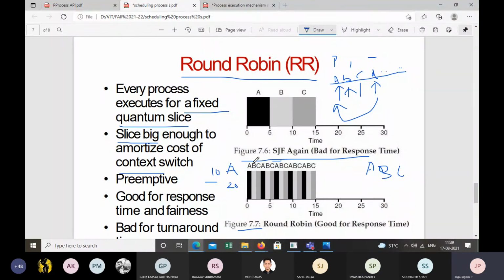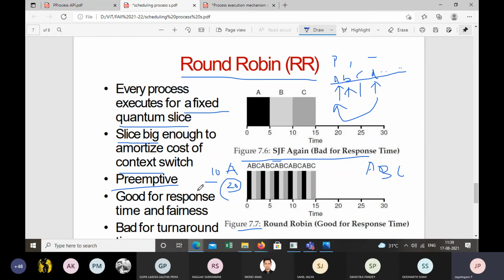And then we make a context switch to B. Process B will be executed for 10 milliseconds, and then process C for 10 milliseconds. And again we come back to process A to execute the remaining 10 milliseconds. So this is preemptive, right?